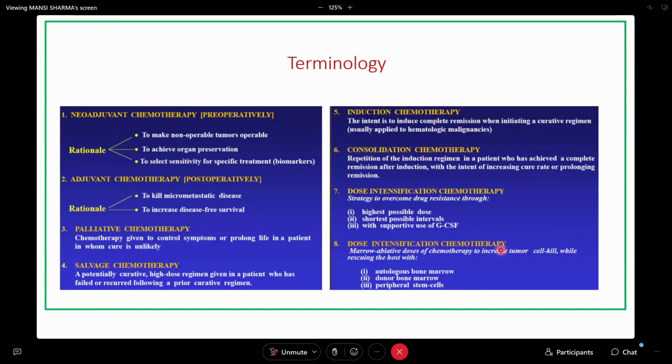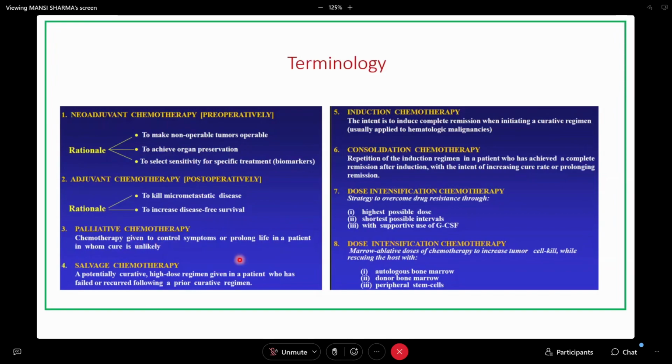And of course, we now look at pathological complete response also as an acceptable or desired outcome in certain cancers like breast cancer. In head and neck cancer, again, there is some role of neoadjuvant chemotherapy for the first two points. In the adjuvant chemotherapy setting, post-operatively, the rationale is to kill micrometastatic disease and increase disease-free survival, as we discussed in the previous curves.